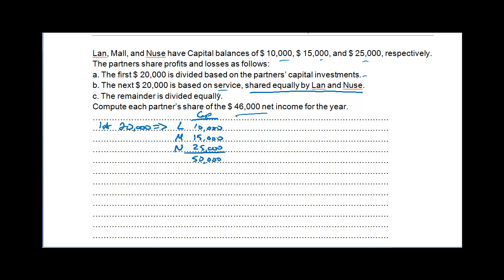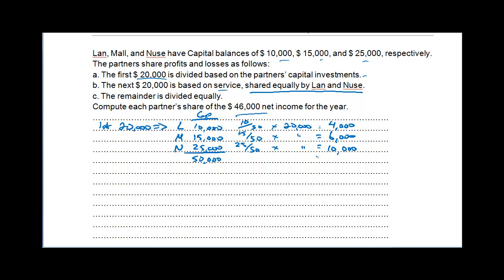So the share for Lan is going to be $10,000 divided by $50,000, Mol is $15,000 divided by 50, and Noose is 25 over 50, times this first $20,000. That works out to $4,000 for Lan, Mol gets $6,000, and Noose gets $10,000.